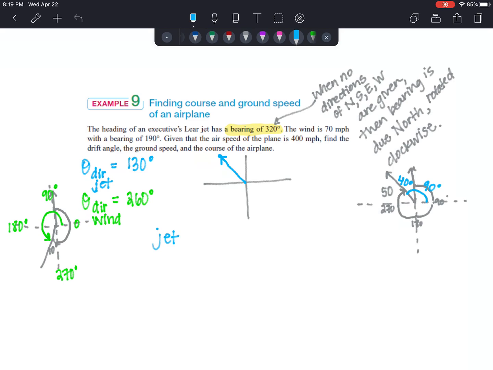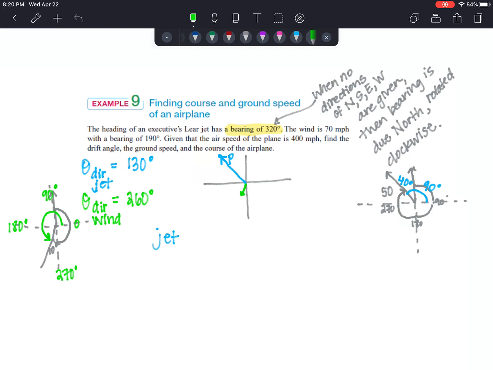Now this length represents 400 miles per hour. I'm going to call it P for plane, so that's our plane or jet vector. And then we've got the wind. Now the wind is going into quadrant 3, very close to the y-axis. However, it's only 70 miles per hour, so it's really short.